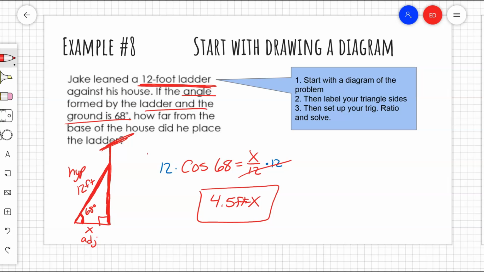How far from the base of the house did he place the ladder? That would be this side right here. So we're looking for adjacent and hypotenuse, and adjacent and hypotenuse has everything to do with cosine. So cosine 68 equals adjacent divided by hypotenuse, and that's going to give us 4.5 feet.